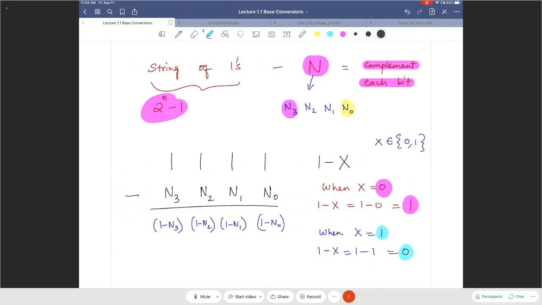So 1 minus x is x complement. You guys see that? So what can I say about this? 1 minus n0 is n0 complement, n1 complement, n2 complement, n3 complement, bit by bit complement.